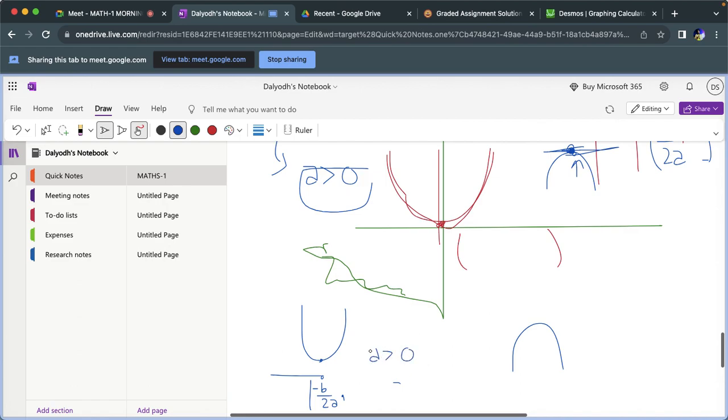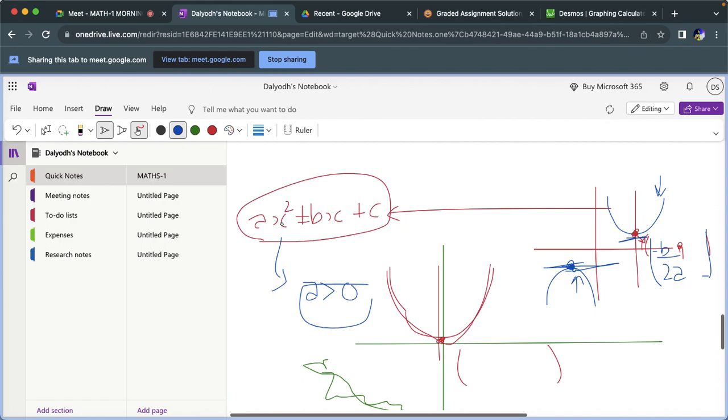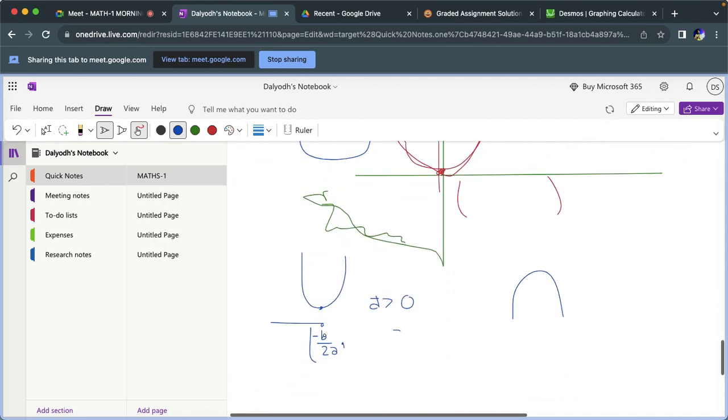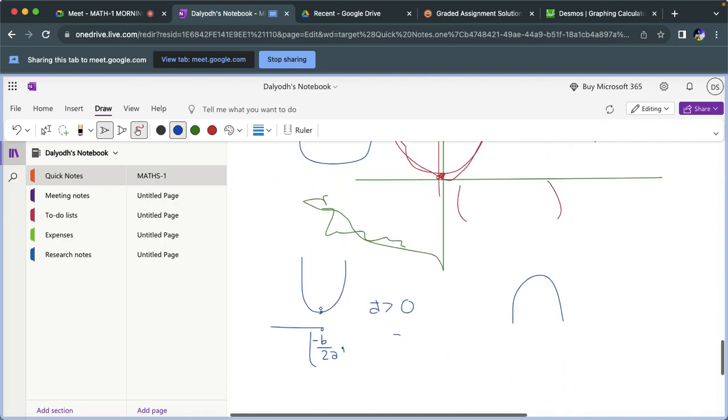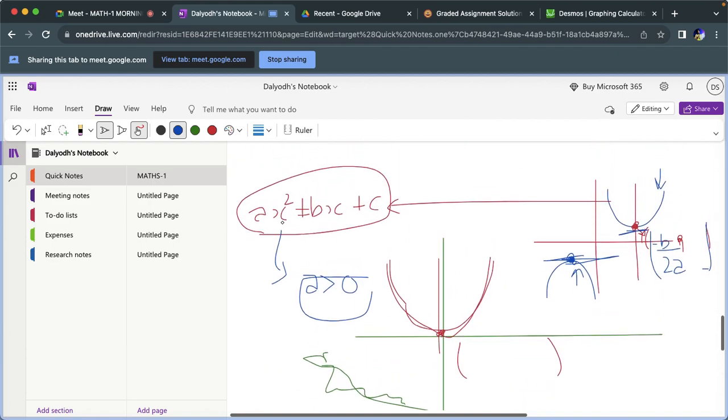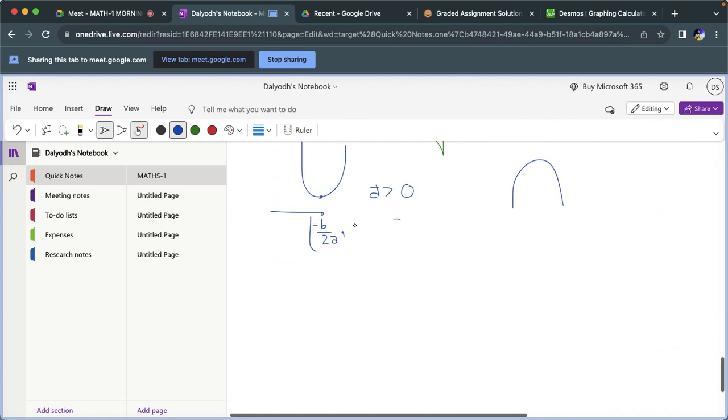If you put x equal to minus b upon 2a, the point of minima, into the equation, you will get some y. This is a minimum value.